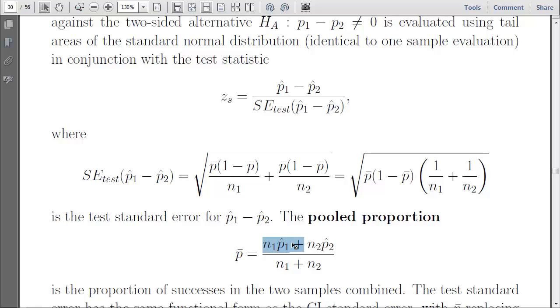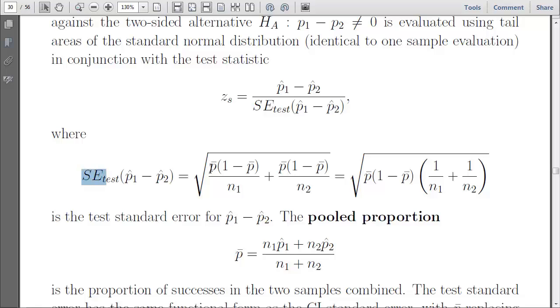And they're just weighted averages. So N1 times P1 is the weighted average for proportion 1 weighted by the number of samples in the first population. Same thing for proportion 2, and we divide by the total sample size. So this is a weighted estimate or pooled proportion, and we use that in our estimate for the standard error.